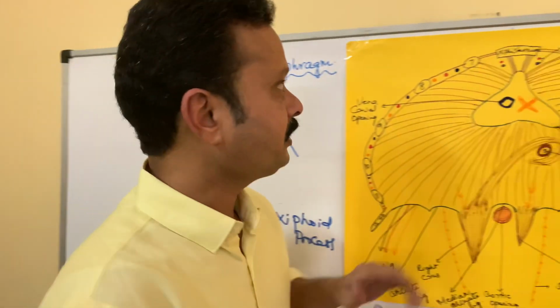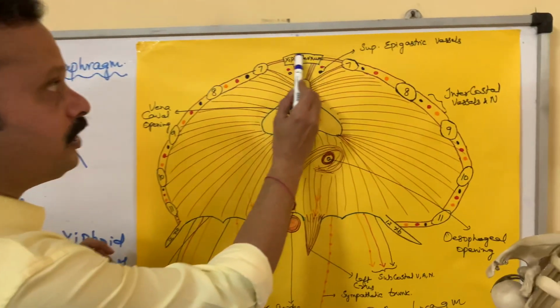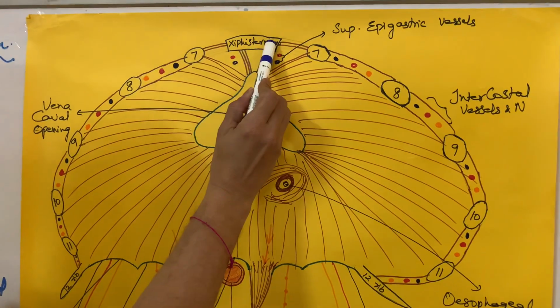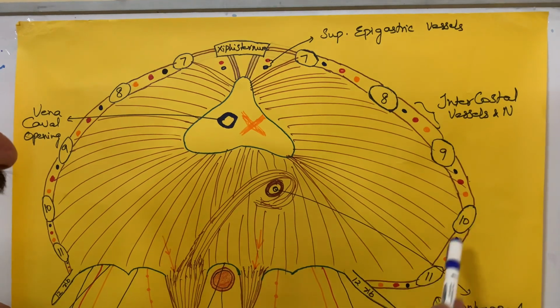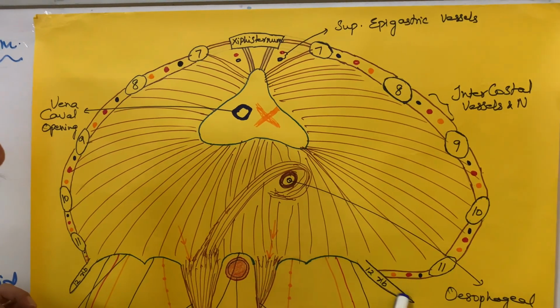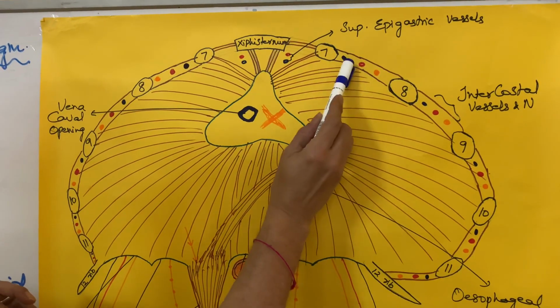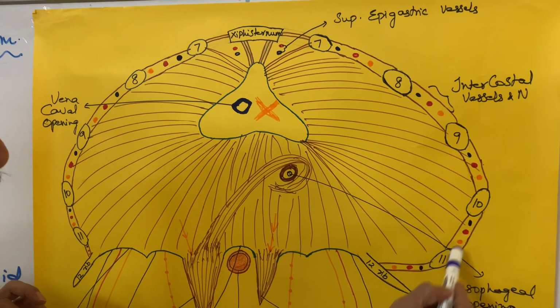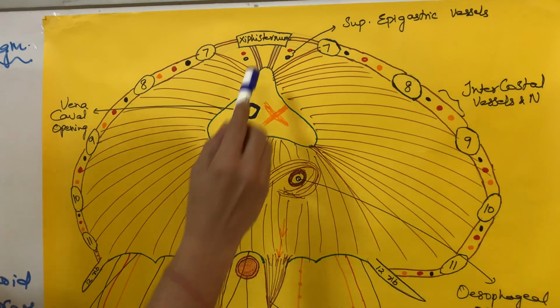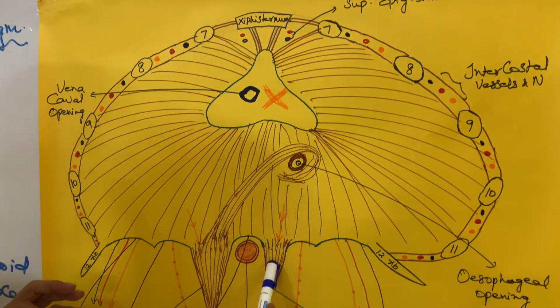This diagram, if you see, this is the xiphisternum, and these are the ribs 7, 8, 9, 10, 11, and this is the 12th rib with its intercostal space and its contents. This is in front and this is behind.